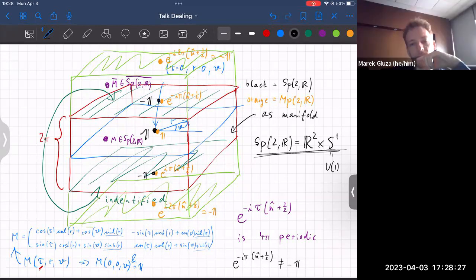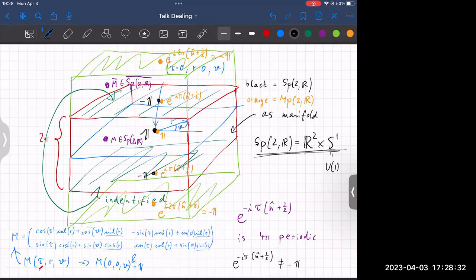If you think of R2 as the group of vectors and S1 as U1, as the group of multiplication on a circle, then of course neither Sp2R nor Mp2 are isomorphic to this as a group.